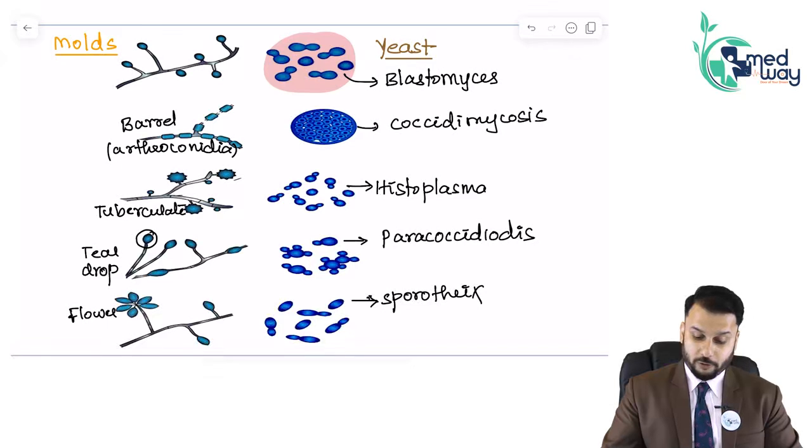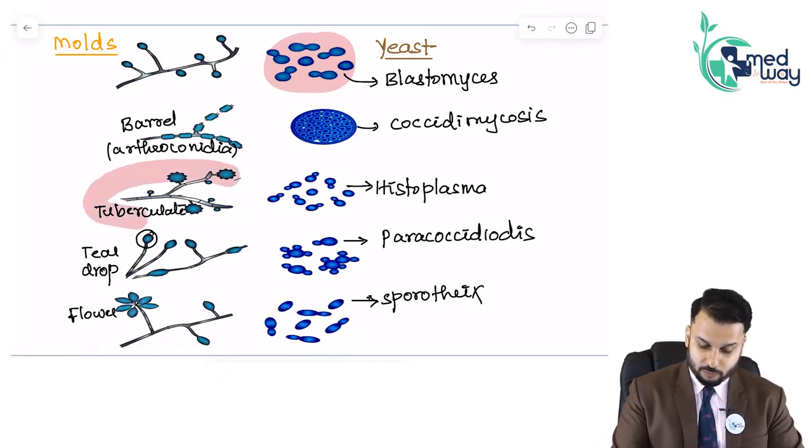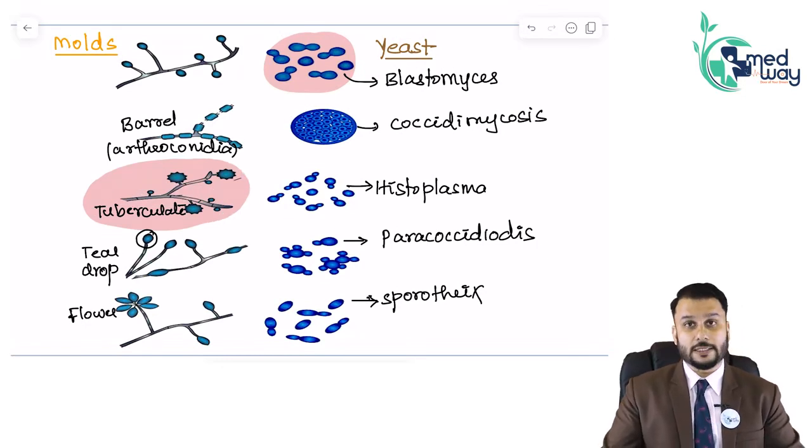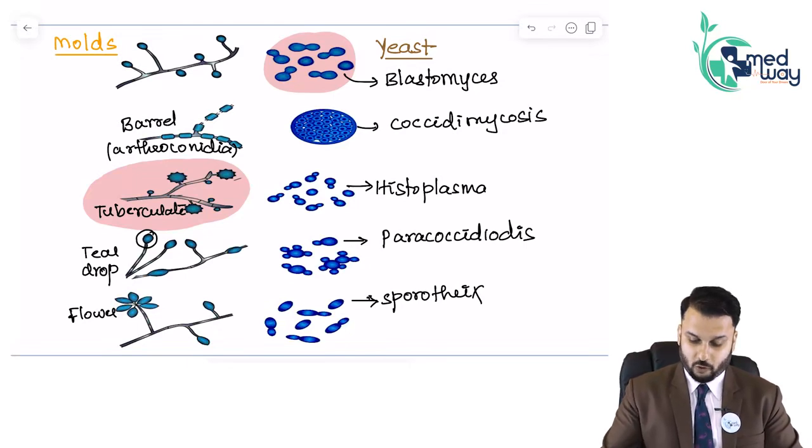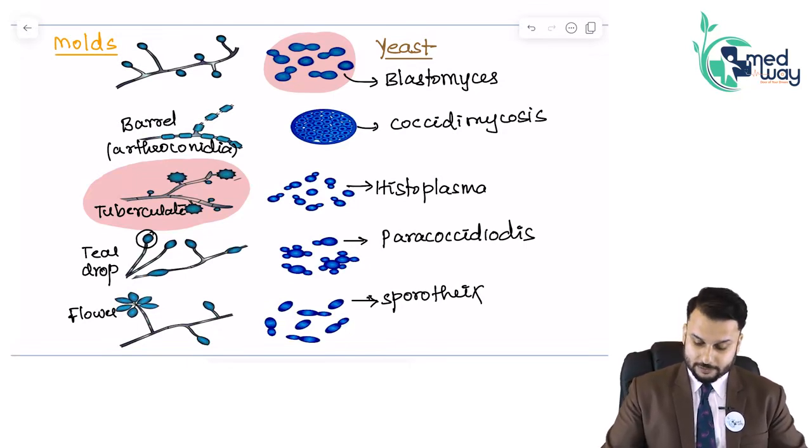Now, when you talk about Histoplasma, it's exactly opposite. In this, the mold form is important. You're seeing this appearance which is called tuberculate type of conidia. That is the feature of Histoplasma. And the budding of Histoplasma is just normal.